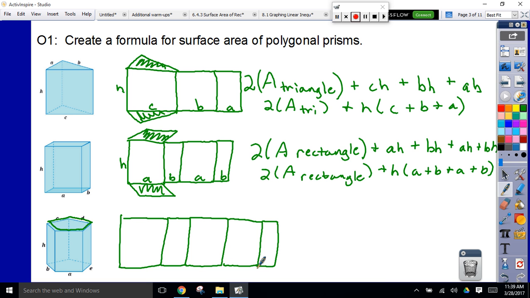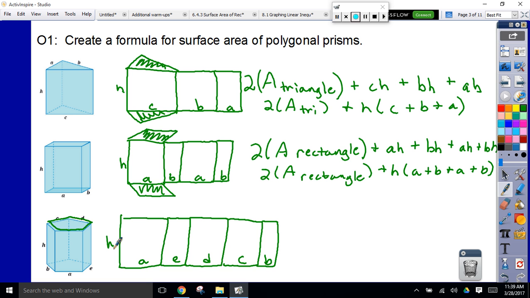And my first face is A along the bottom. My second face is E. The next face is D, and then C, and then B, and they're all H top.